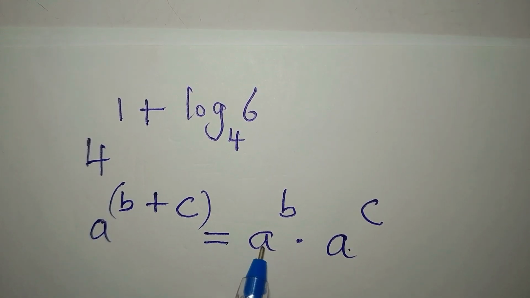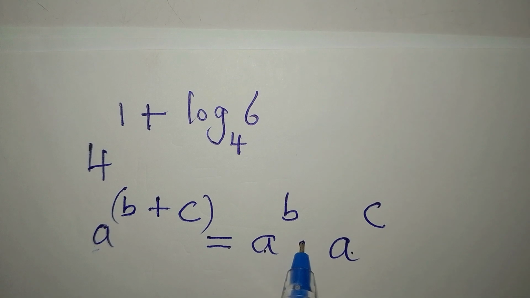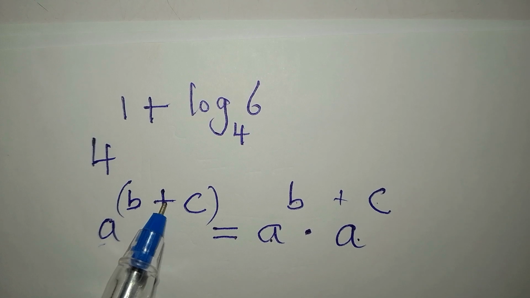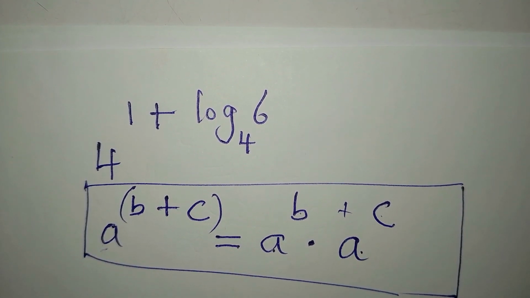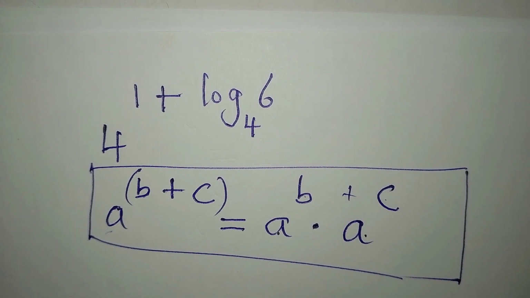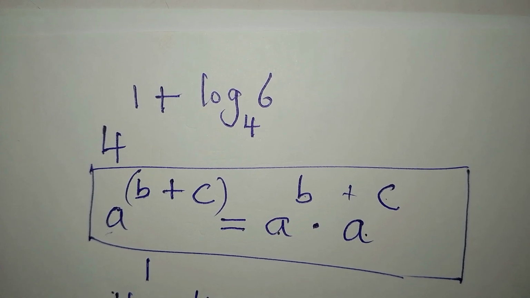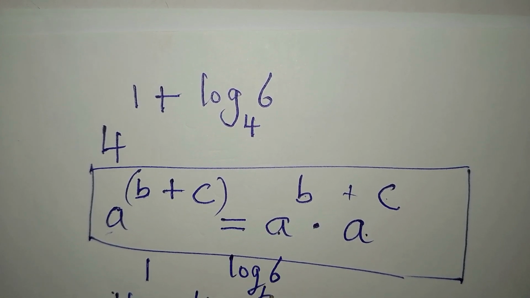One of the bases, we have a, right? So if you pick a, you're going to have this a right here. Then because we are multiplying the bases, you will add the powers. It will now be b plus c, which will give us what we have here. So we'll apply this to the problem we have right there. So we have 4 to the power of 1 multiplied by 4 to the power of log 6 to base 4.